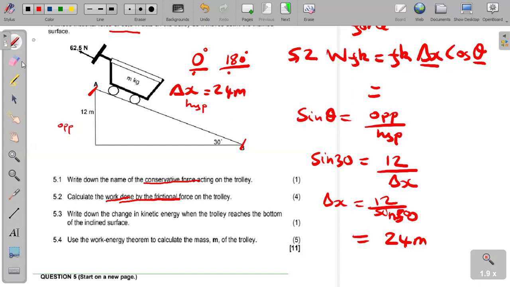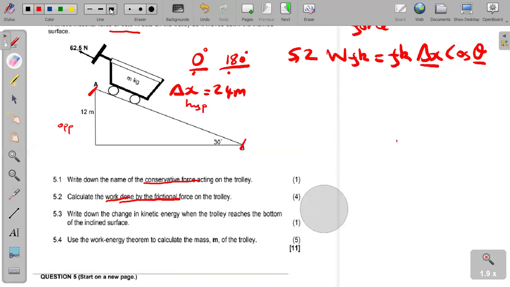Now we perform the calculation for the work done by the kinetic frictional force. It is given by 35.5 multiplied by 24, multiplied by cos theta. Theta in this case cannot be 0, because kinetic frictional force and the displacement are not acting in the same direction.